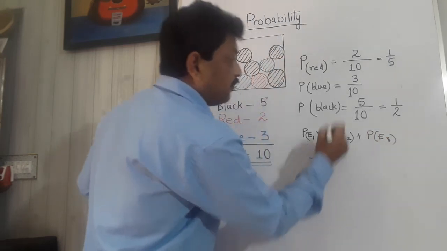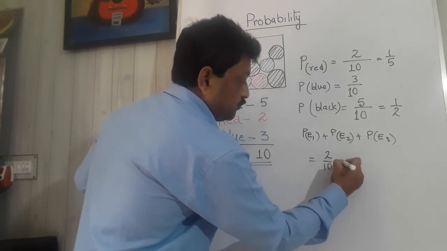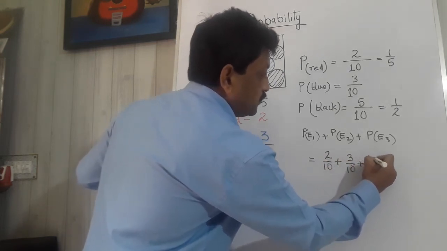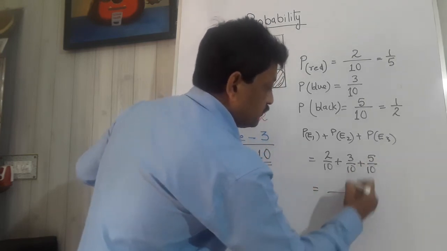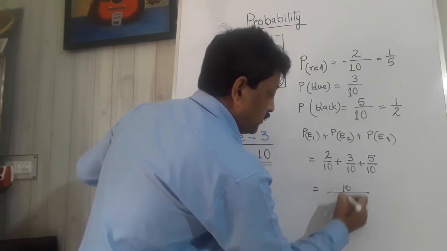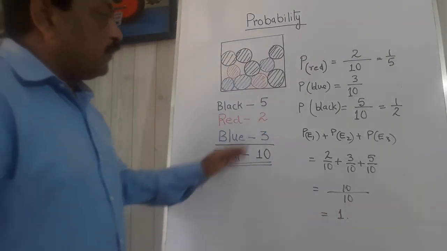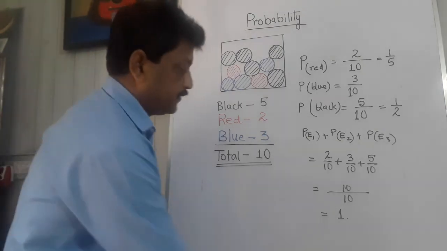If we add them all, that is 2 upon 10 plus 3 upon 10 plus 5 upon 10. So it is 10 upon 10. That is the answer, 1. So sum of all the probabilities is 1. Understood? Okay.